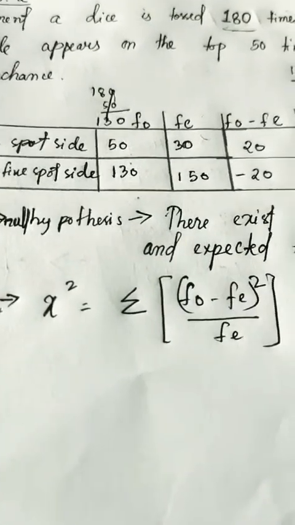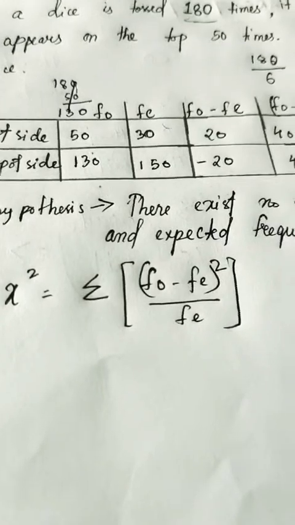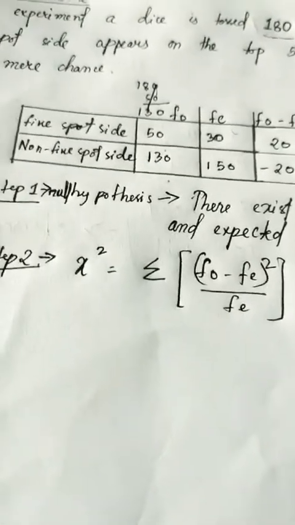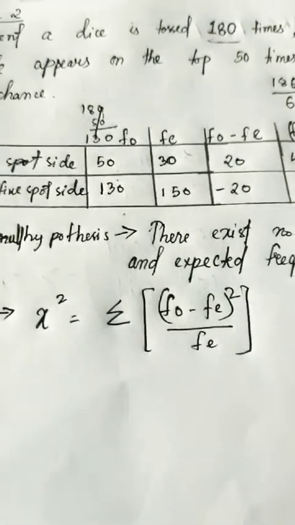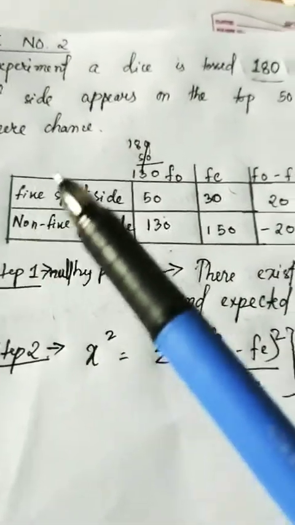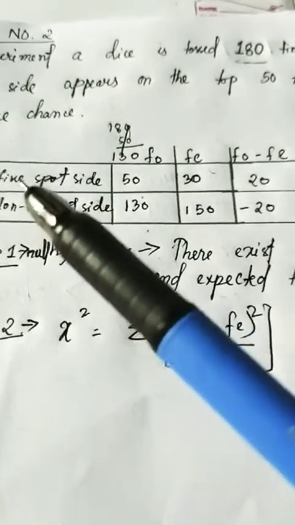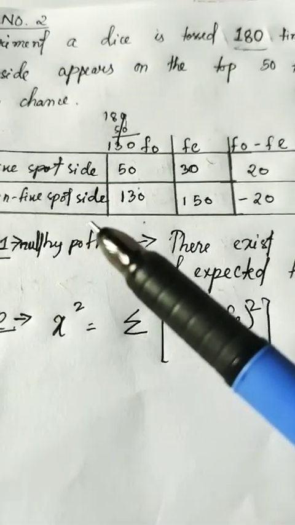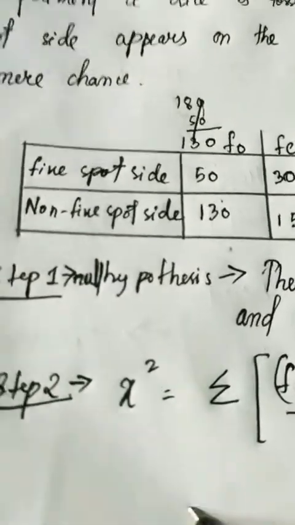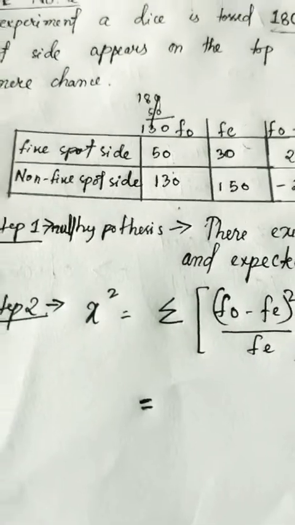So we know the chi-square formula, so we have to calculate it now. Because we have found the FO, FE and the chi-square of the 5 spot side and non 5 spot side, what we write down here, because the summation means sum of all the values, right?